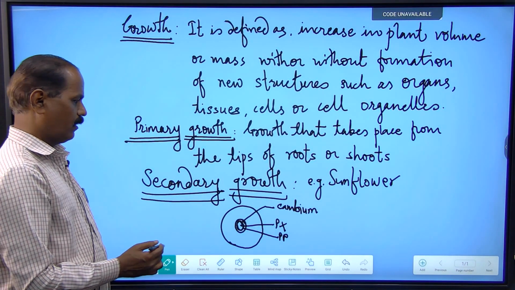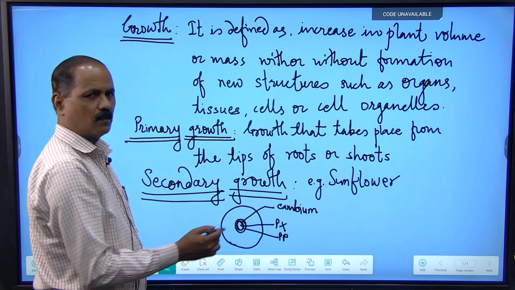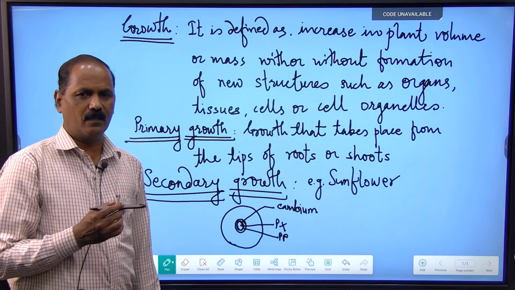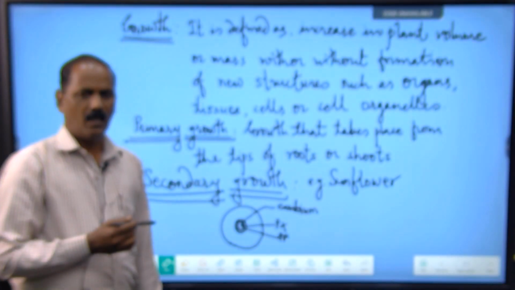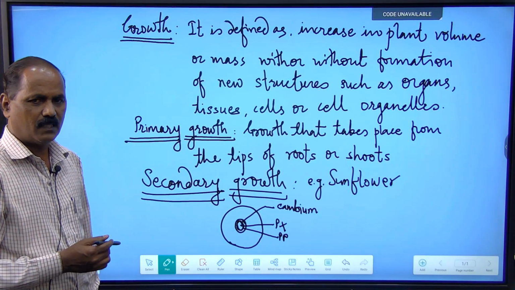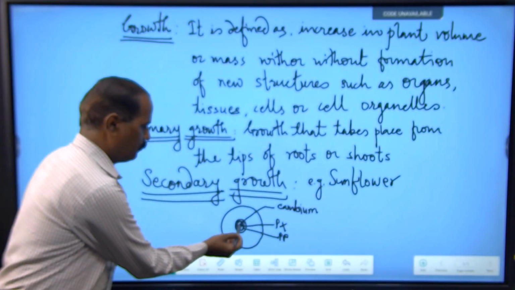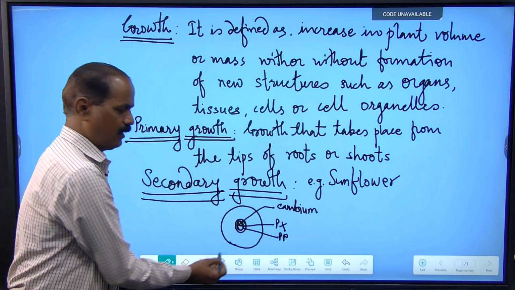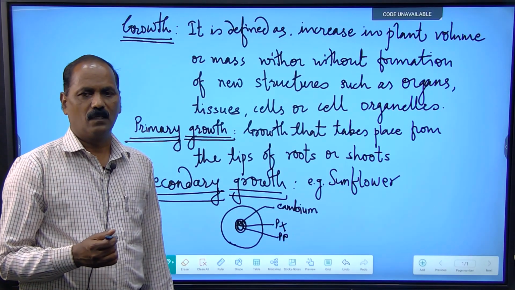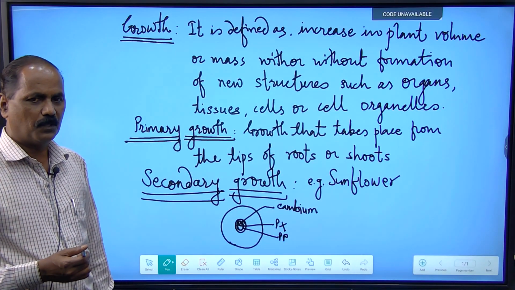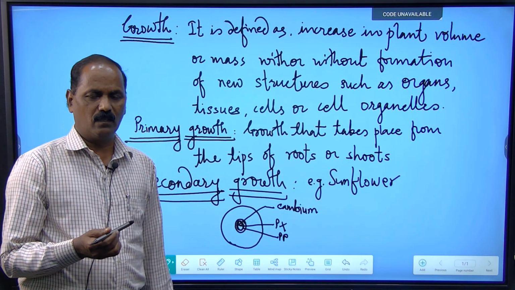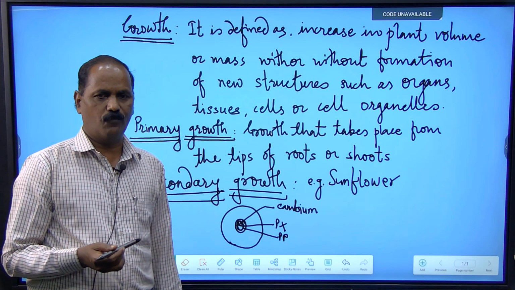This cambium is meristematic in activity. It has a very rapid rate of cell division. As a result, there is addition of cells, and the cells produced towards the xylem are known as secondary xylem, and the cells produced towards the outer side in the vascular bundle, towards the phloem, are known as secondary phloem.